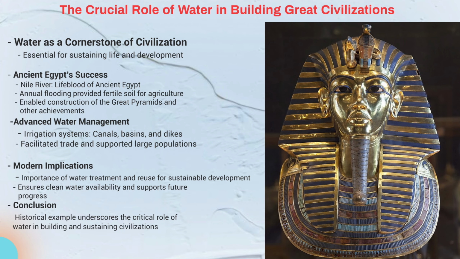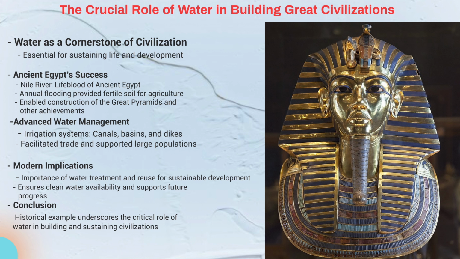As we reflect on these modern solutions and examples, it's informative to consider historical perspectives. Water has always been essential for the growth and success of civilizations. Ancient Egypt provides a prime example, where I am from, where the management of water from the Nile River was fundamental.